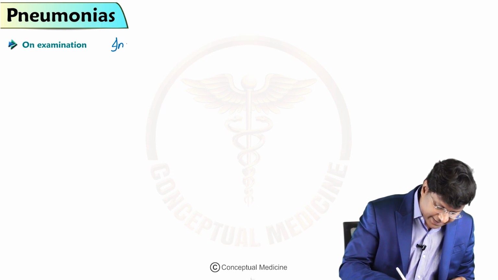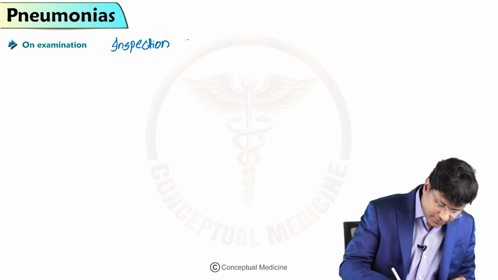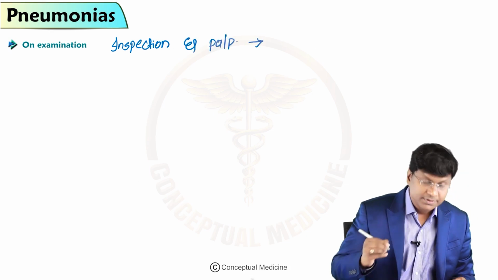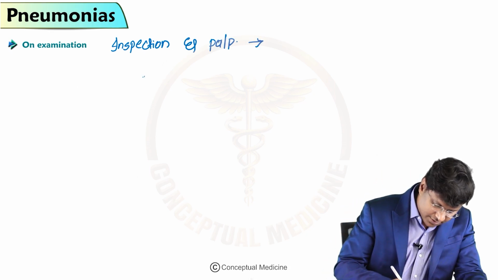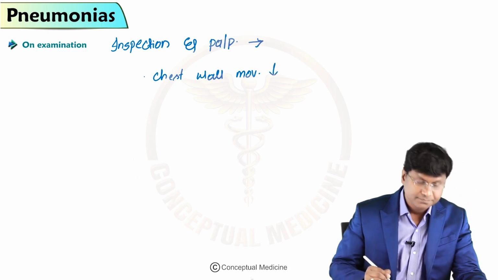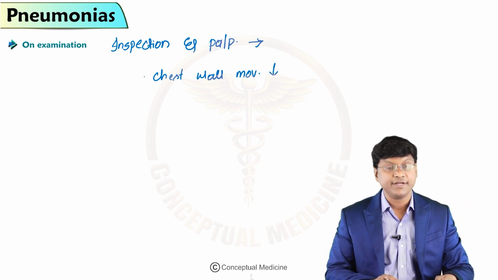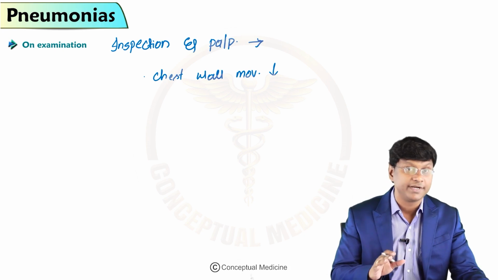On inspection and palpation, in patients with consolidation, what will happen? The chest wall movements will be reduced. Right, the chest wall movements are reduced at the site of consolidation.